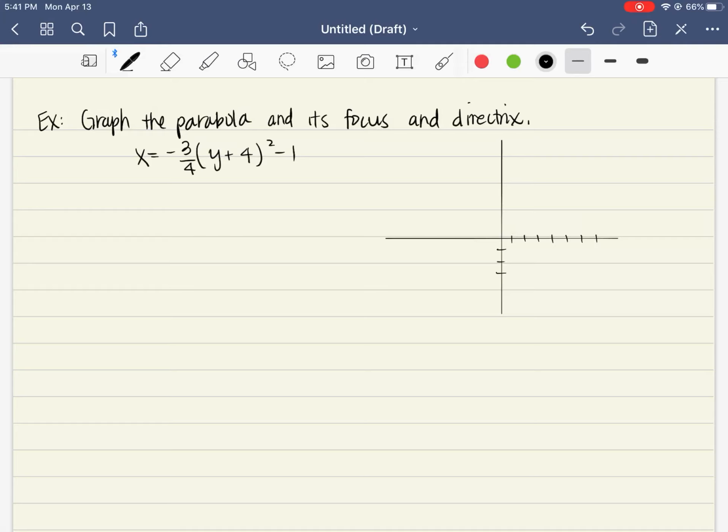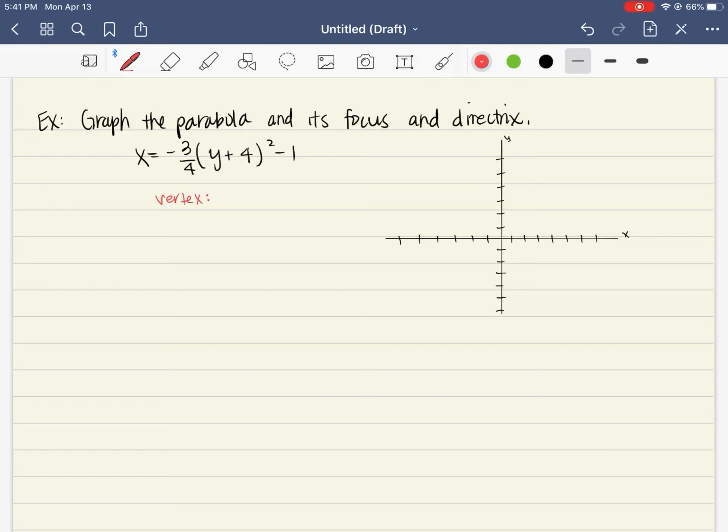You need the vertex to graph this, and you just practiced this in the last video, just graphing with the a value, and you can do that if you're comfortable with doing 3/4, where you can identify the different parts. So let's do that first. Let's just identify our vertex, okay? We've got our x and y axis already over there for us to graph.